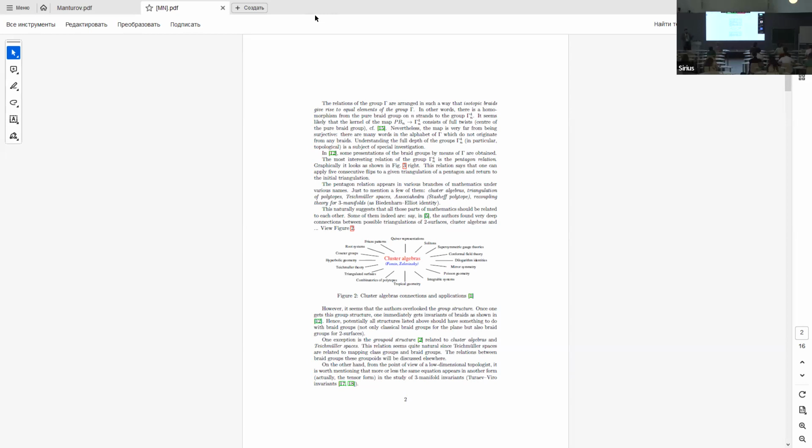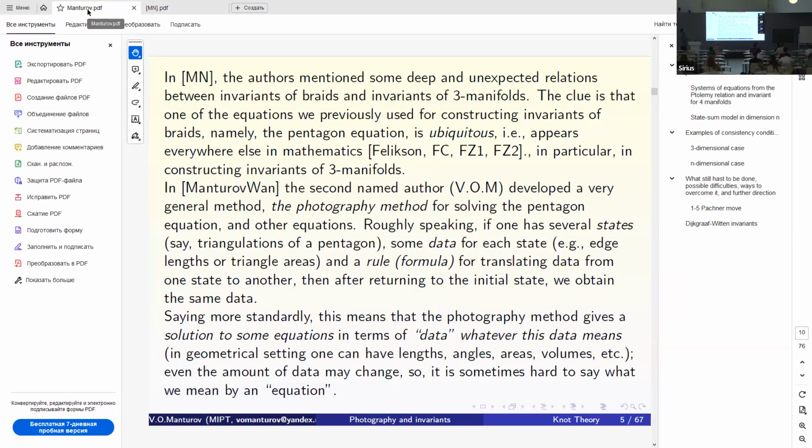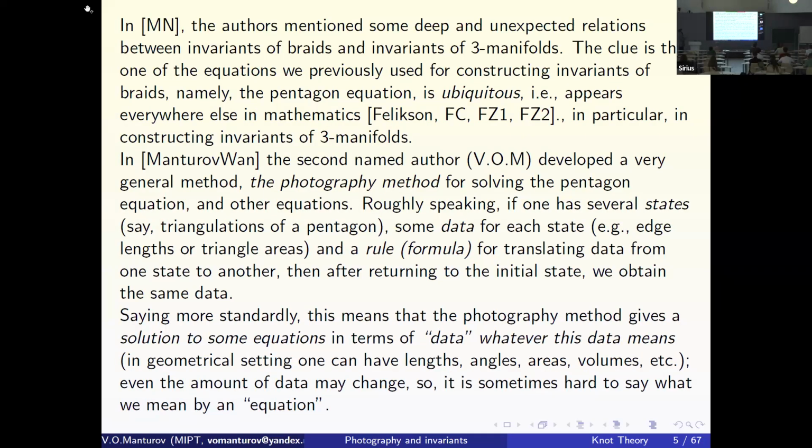One of the crucial things in cluster algebra theory is the pentagon equation, and the fact that Ptolemy yields pentagon. You will see those slides in a moment. Nikolai, please switch back to my slides. And so that was my paper with Igor.